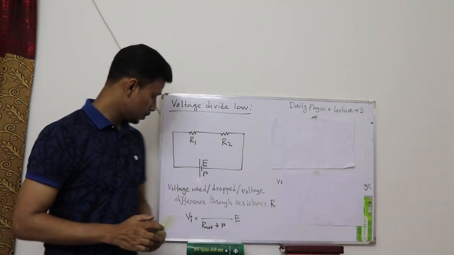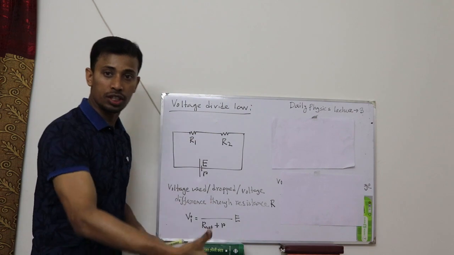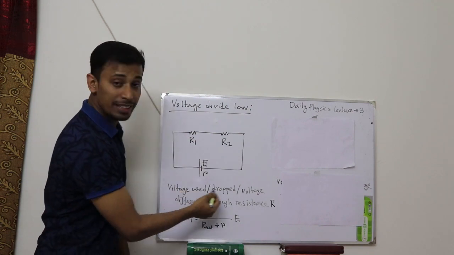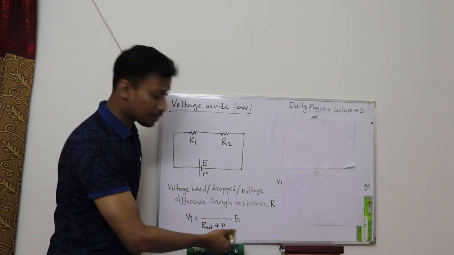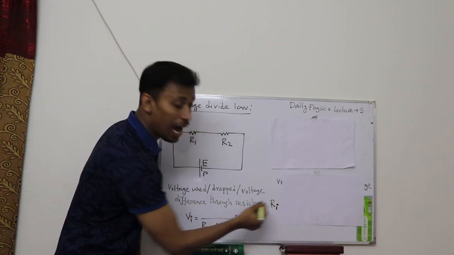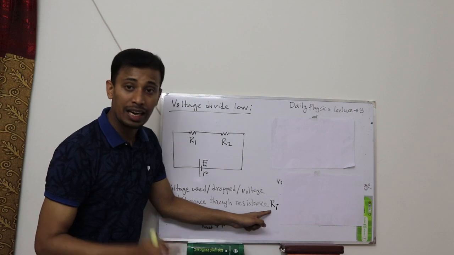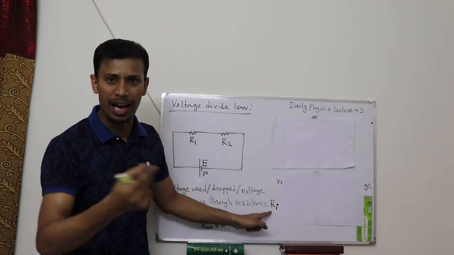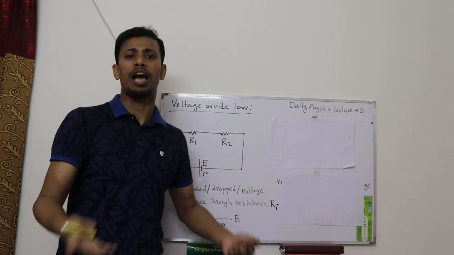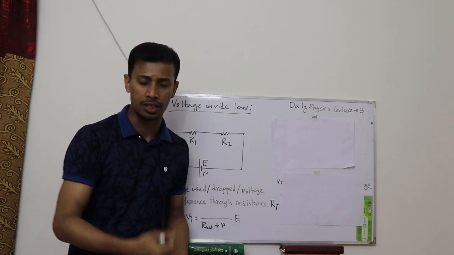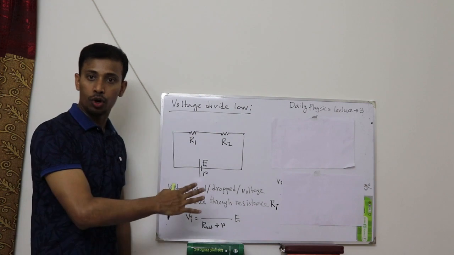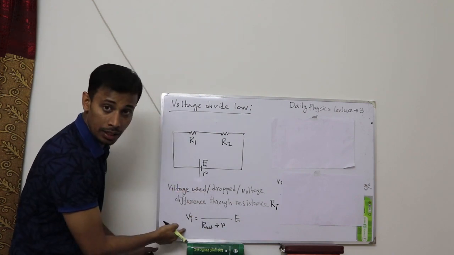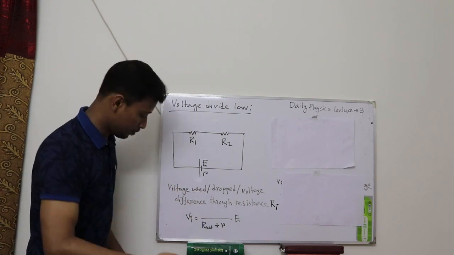Suppose the question asks for the voltage used, dropped, or difference through resistance Ri. The subscript i may be 1, 2, 3, or 100, it doesn't matter, it is the number of the resistance. Suppose that voltage is Vi, the voltage used by Ri.